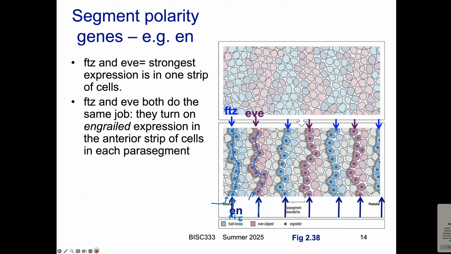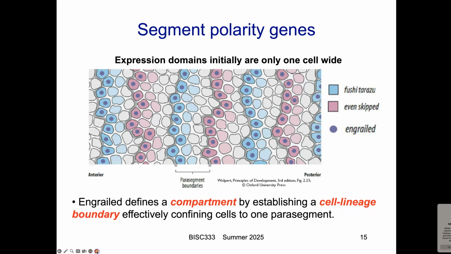So basically, if you go through here, these genes, even though they're being expressed in different segments, are doing the same job. And initially, the expression domains are only one cell wide.